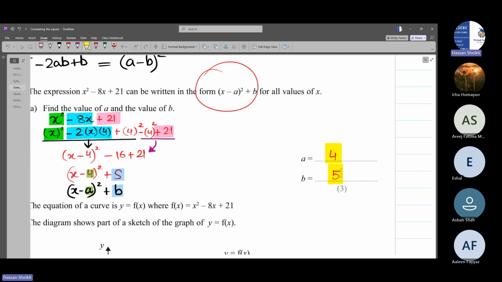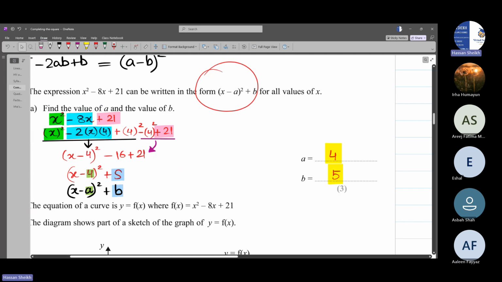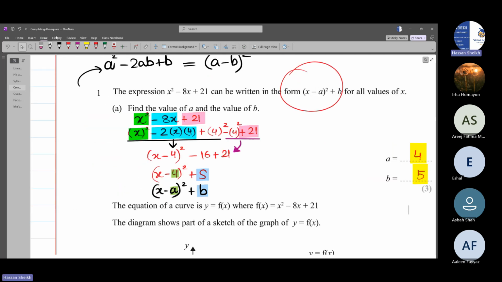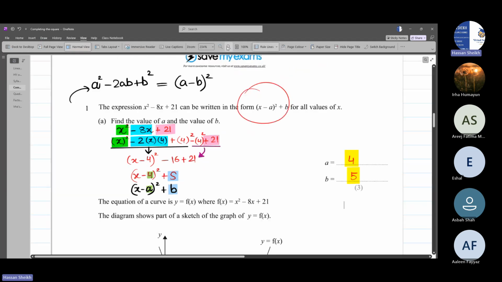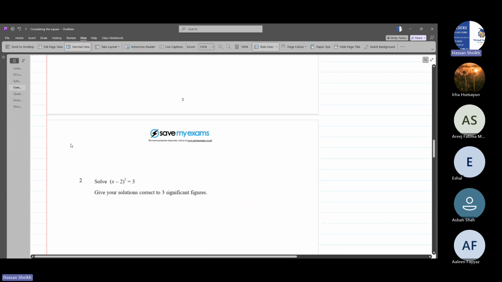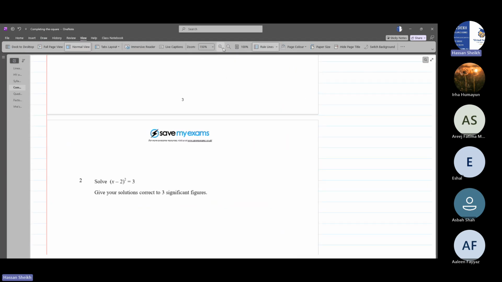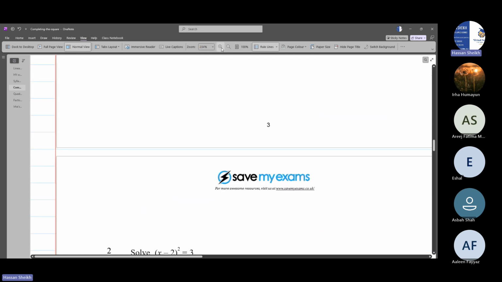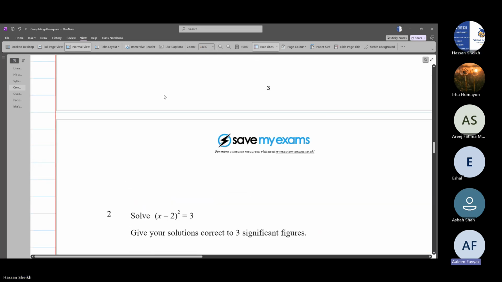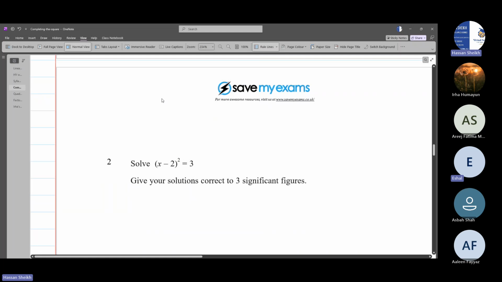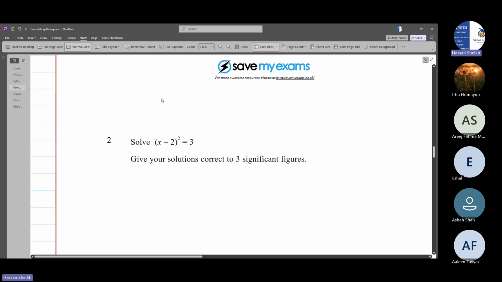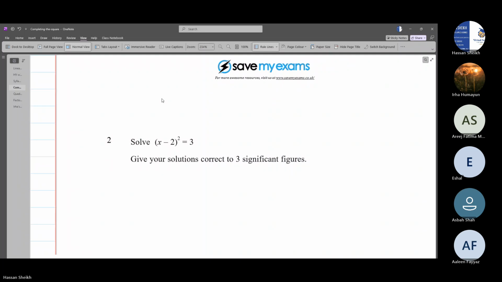So let's move on to the next question here. The second part is not related to our content, so we're leaving it. Moving on to this one. Now, is that an expression or an equation? Equation. So we'll have two ways to solve it.